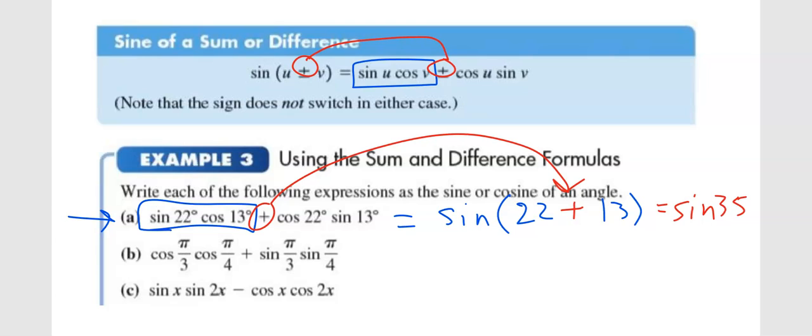You're going back to the pattern and looking, does it match this one or does it match this one? The second part, well, this part right here matches that right there.